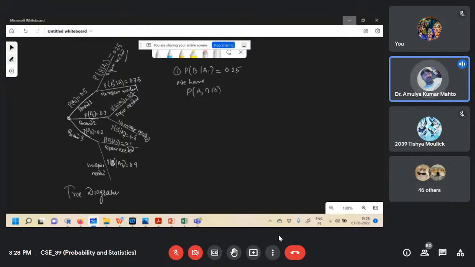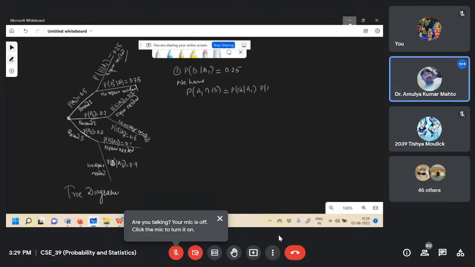For this, you can use the multiplication rule. This is the probability of B given A1 into the probability of A1, because you know A1, A2, A3 are given.